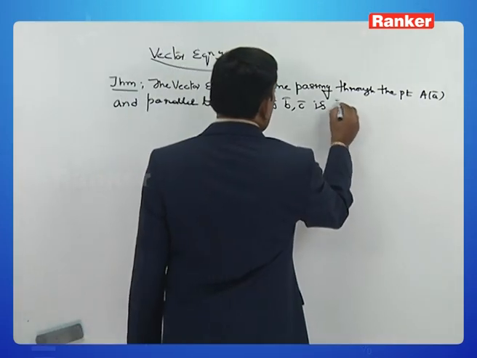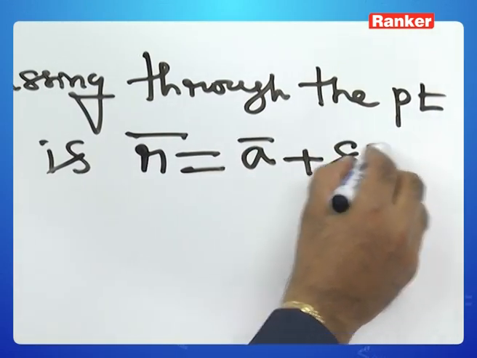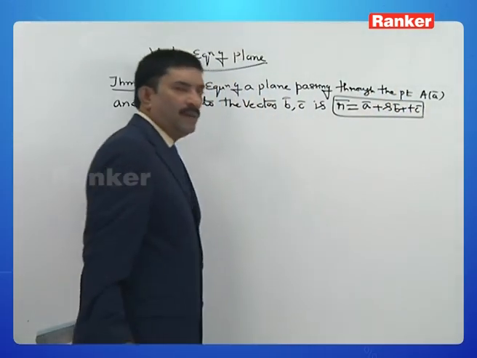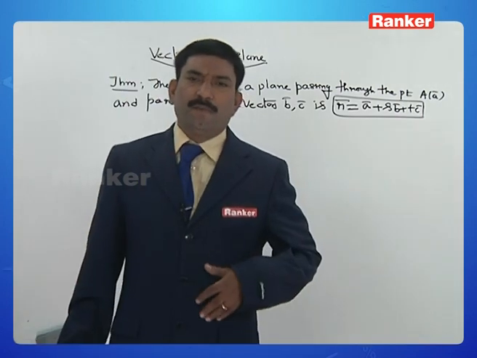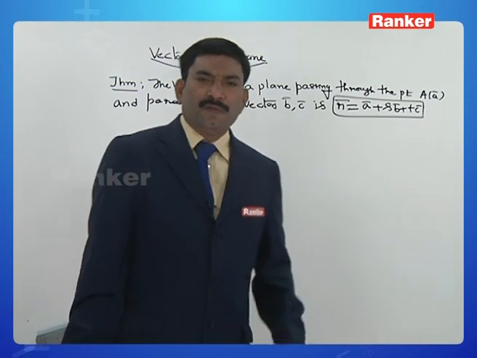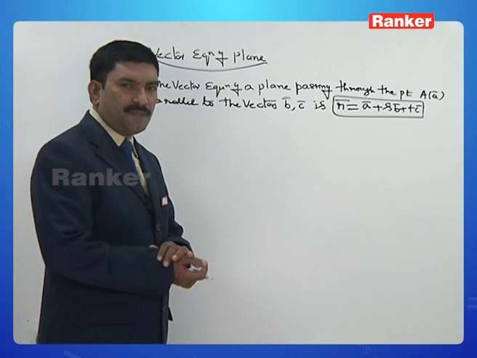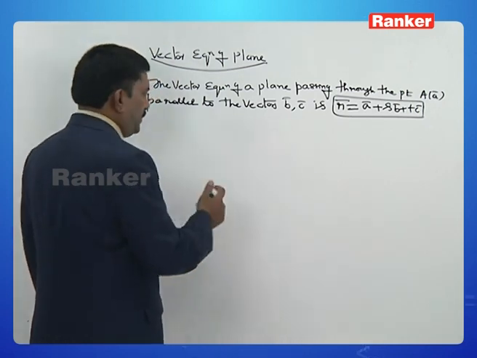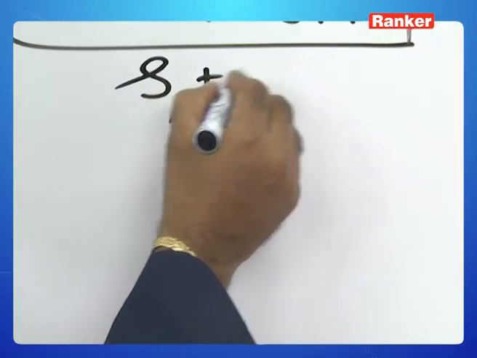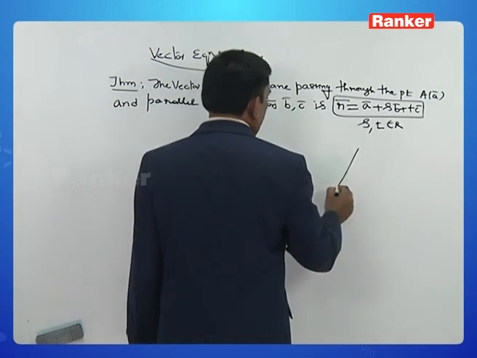R bar is equal to A bar plus S B bar plus T C bar, where S, T are scalars belonging to R. You take a plane.